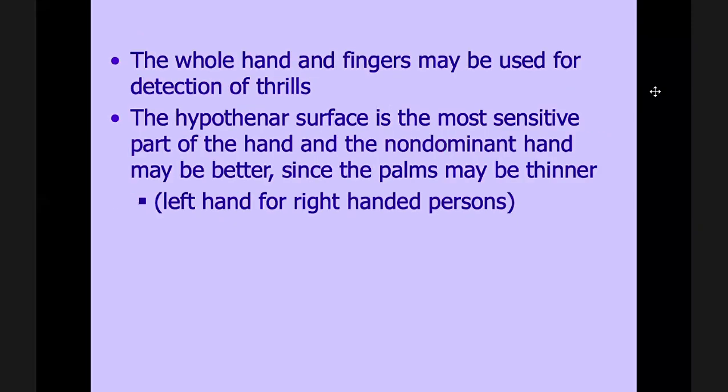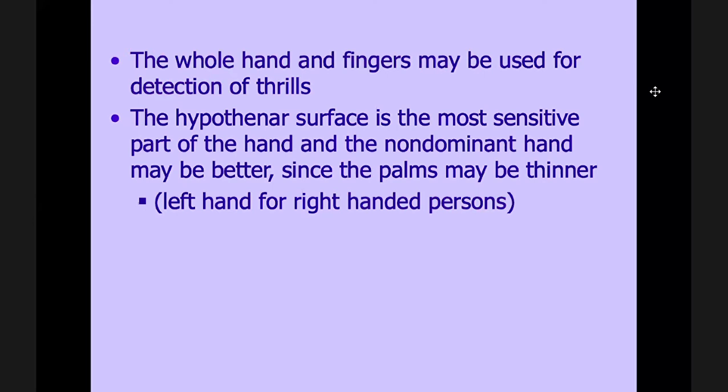The whole hand and fingers may be used when you want to detect the presence of a thrill. All of your hands and fingers. The hypothenar surface is the most sensitive part of your hand, and the non-dominant hand may be better since the palm may be thinner.